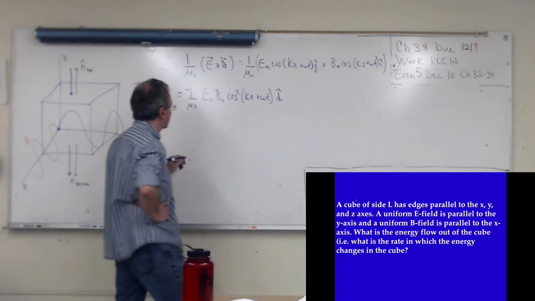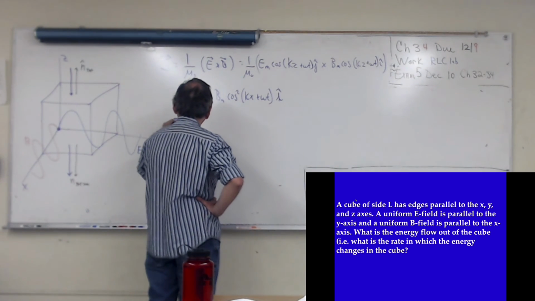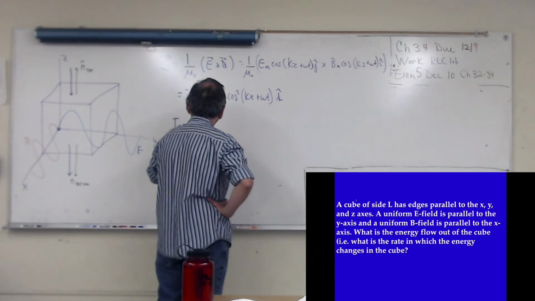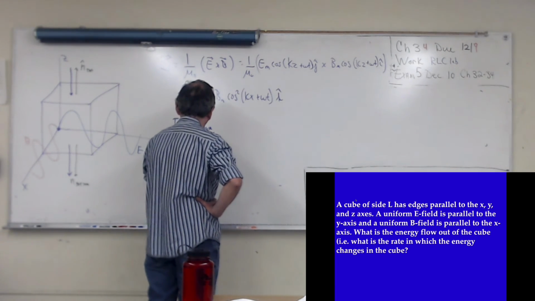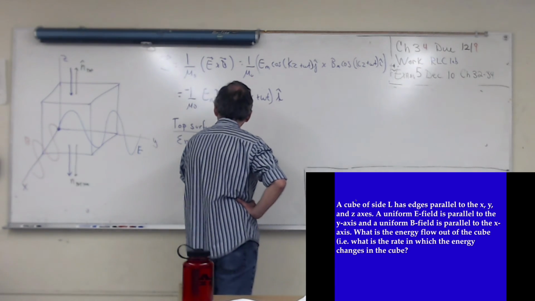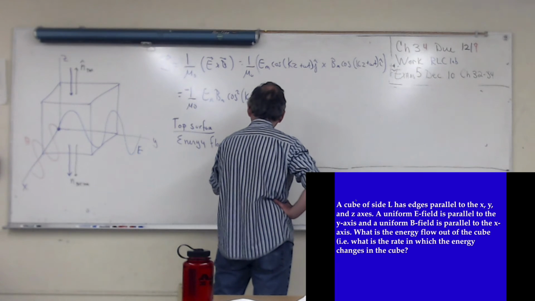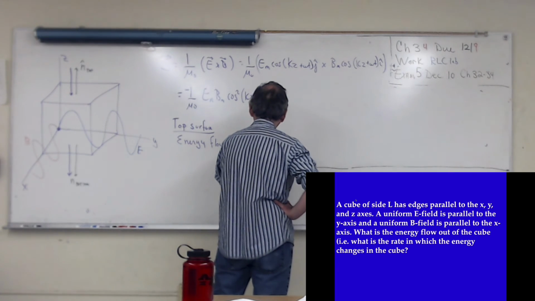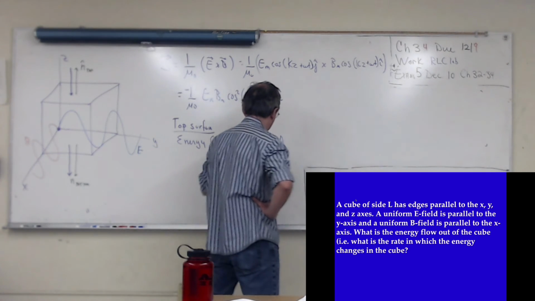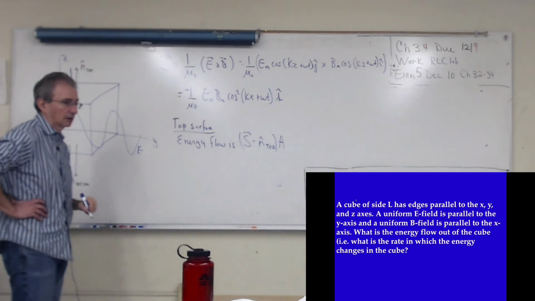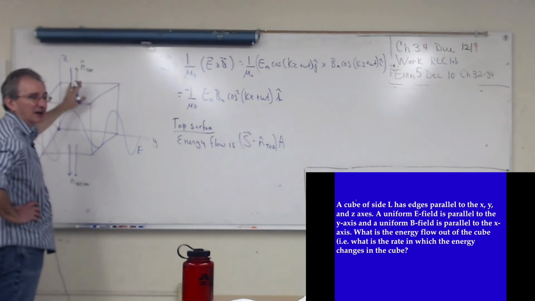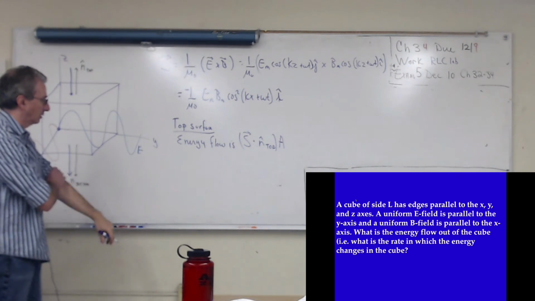So for the top surface, the energy flow is S dotted with N top times the area. And I multiply by the area because E and B are uniform over the area. If it wasn't, then I'd have to set up an integral.